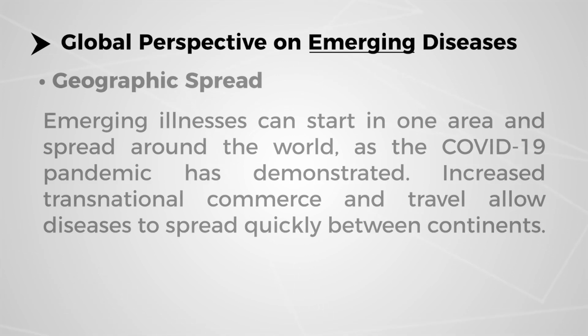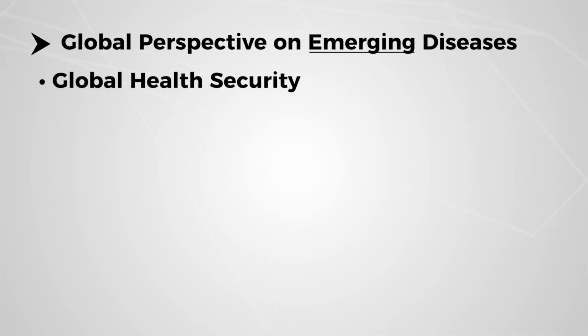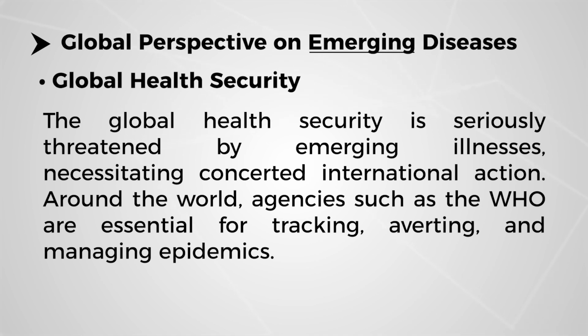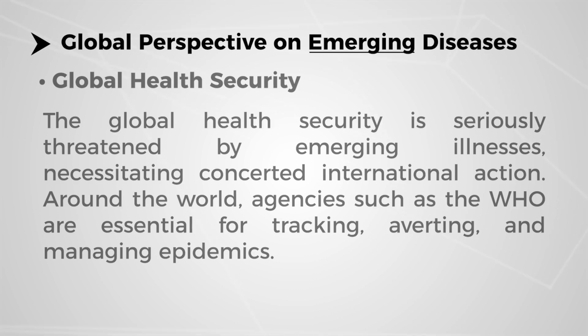Global health security is seriously threatened by emerging illnesses, which necessitates international action. We have the WHO, for example. Agencies such as the World Health Organization are essential for tracking, alerting and managing these global epidemics.